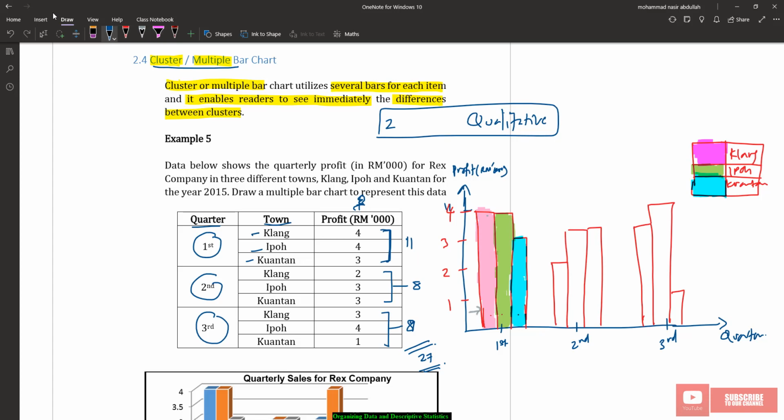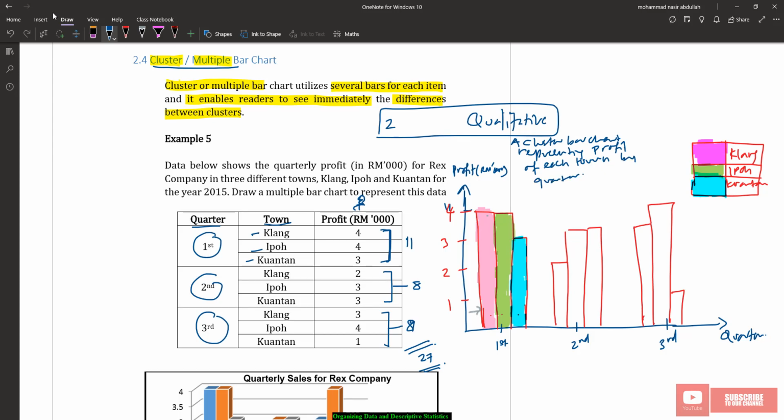And when we want to finish up the cluster bar chart, we need to add the title for cluster bar chart lah. Should represent a cluster bar chart representing profit of each town by quarter.